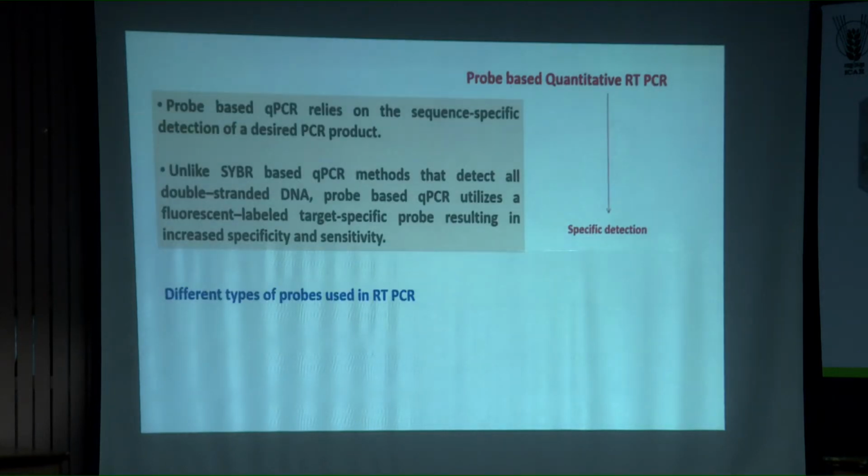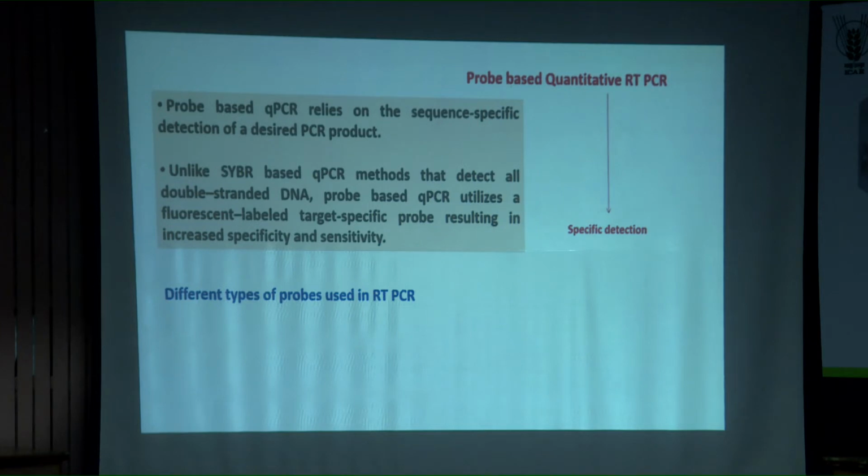Bit tricky. Try to understand. Don't get confused. Probe-based quantitative real-time PCR. Probe-based qPCR relies on a sequence-specific detection of the desired PCR product. Remember, you have primers. The primers are specific for those genes or the genomic region, whatever it is.